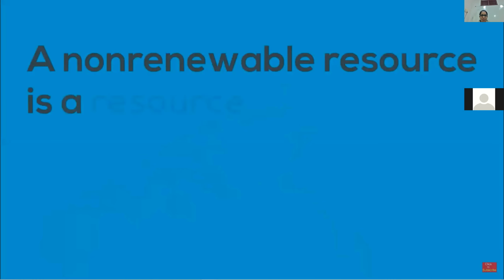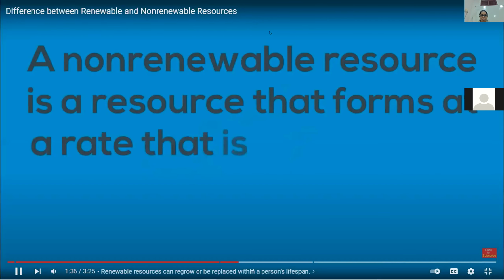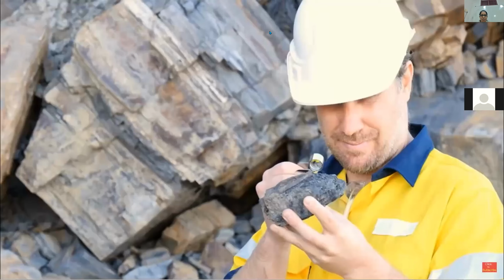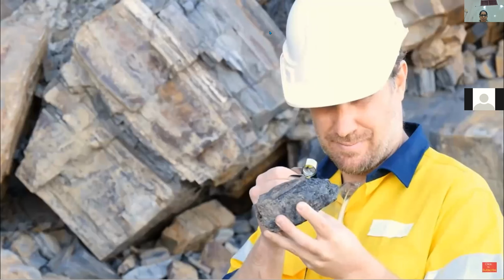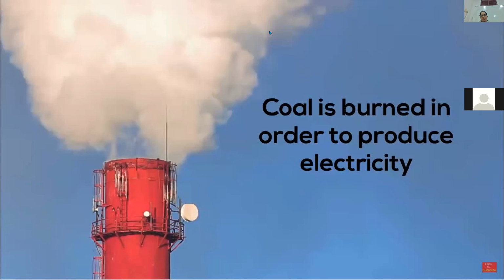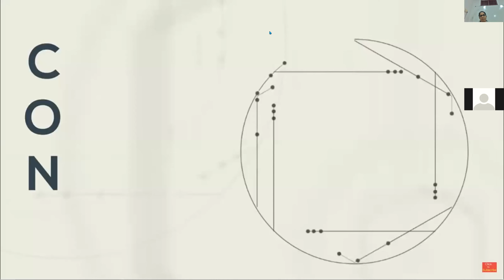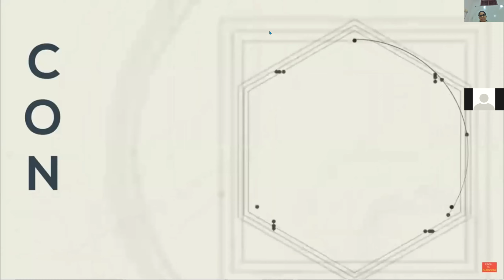A non-renewable resource is a resource that forms at a rate that is much slower than the rate that it is used. Coal is an example. It takes millions of years to create coal, and once it is used up, it is no longer available. You can use the phrase CON to remember three popular non-renewable resources.